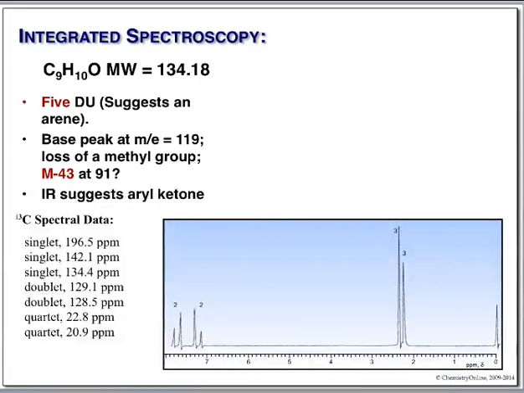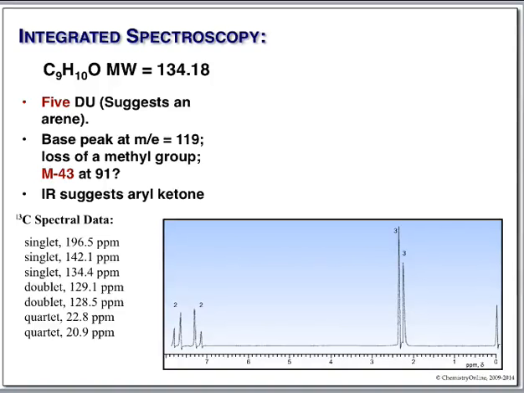If we have 2 beautiful doublets, that tells you it is para-substituted. All right, so this looks like a para-substituted aromatic with different things on each end, okay?